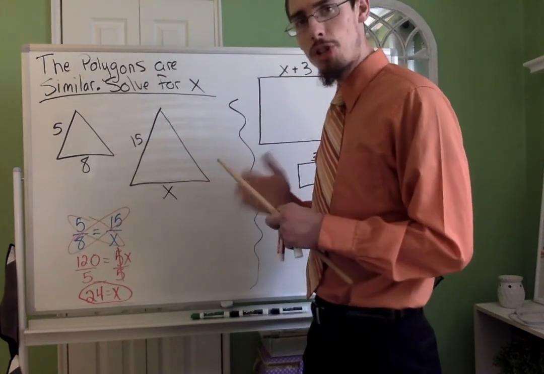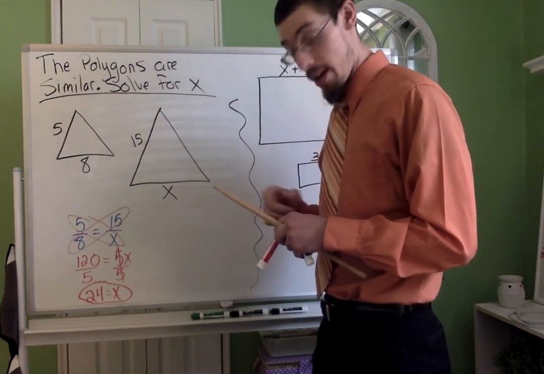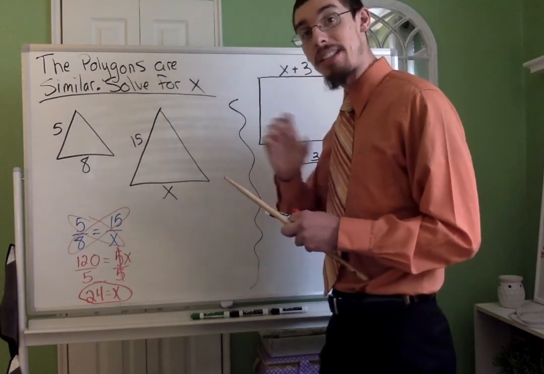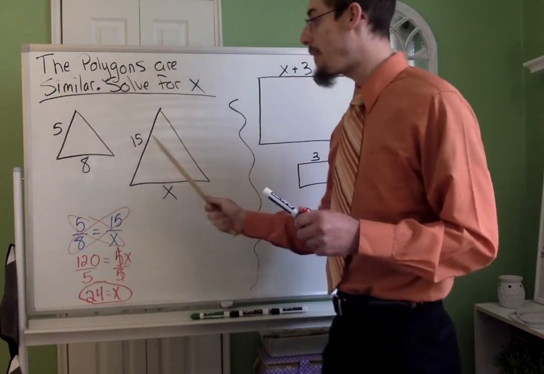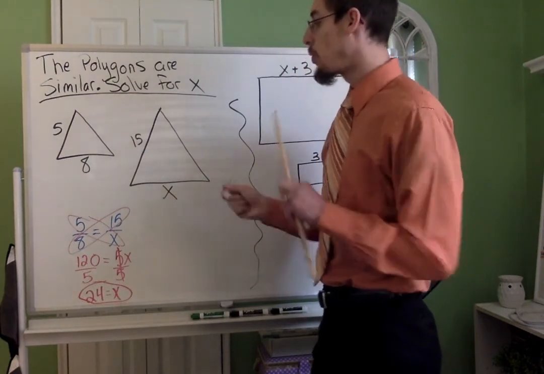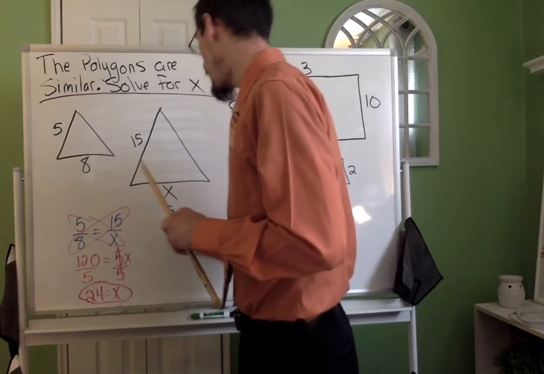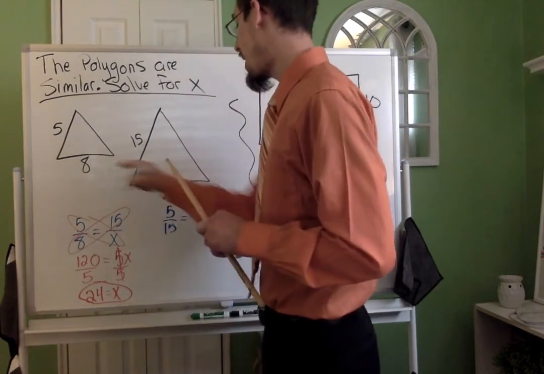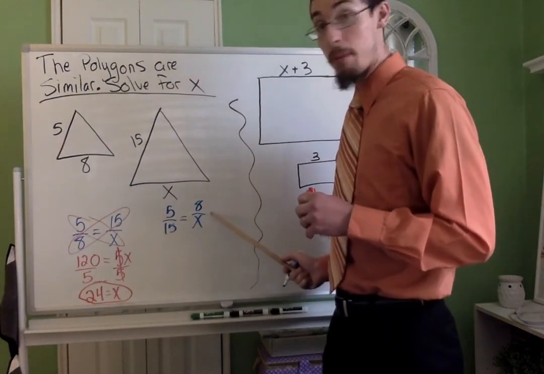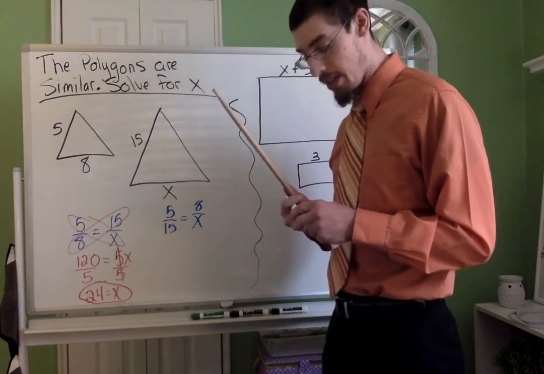Again, let me just show you how it would have worked if you set it up the other way. What if instead you wanted to take the matching sides, right? That would be the 5 and the 15, and then the 8 and the x. So what if instead I put 5 over 15 and 8 over x? So you can see the setup is very different, but the result should still be the same.